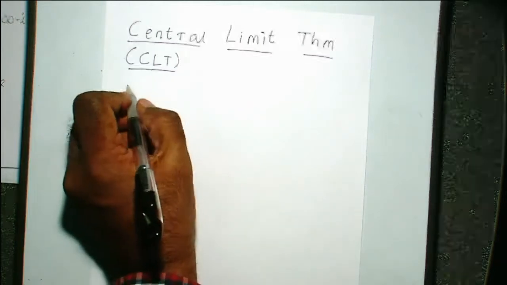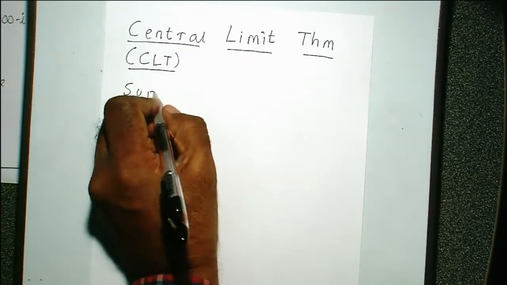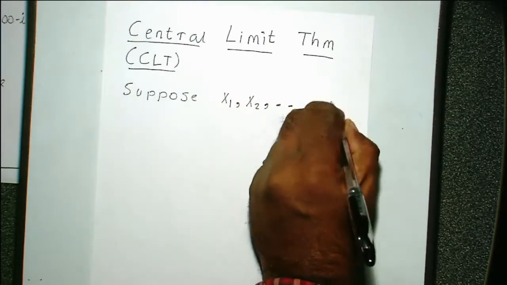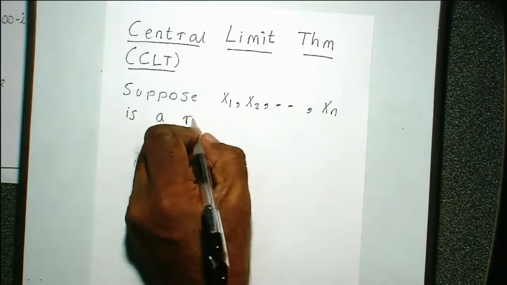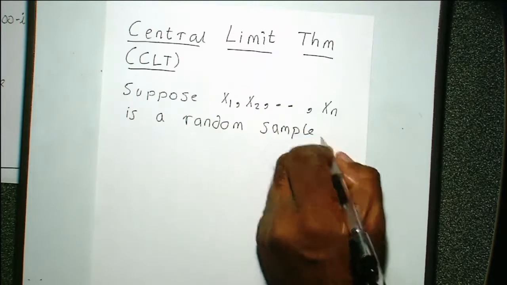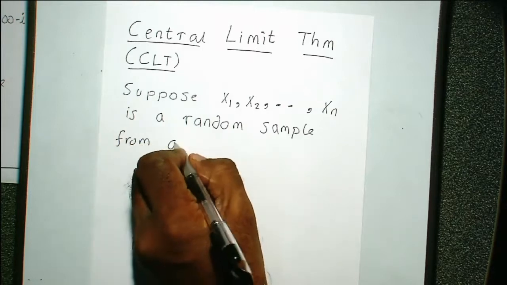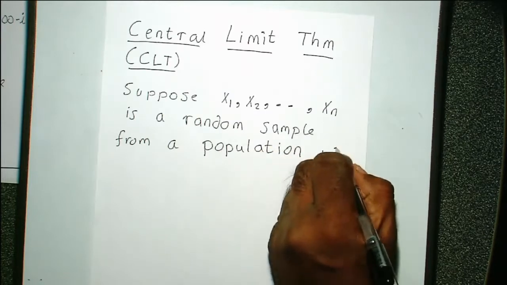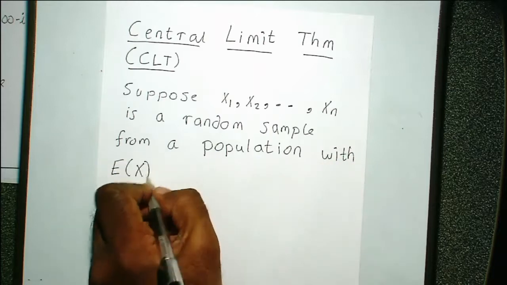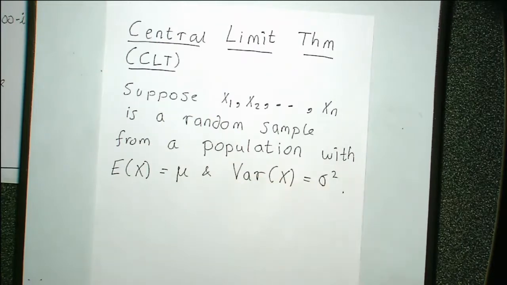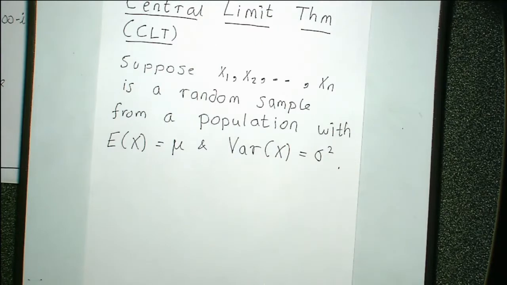Suppose you have a random sample from a population which has mean mu and variance sigma squared.